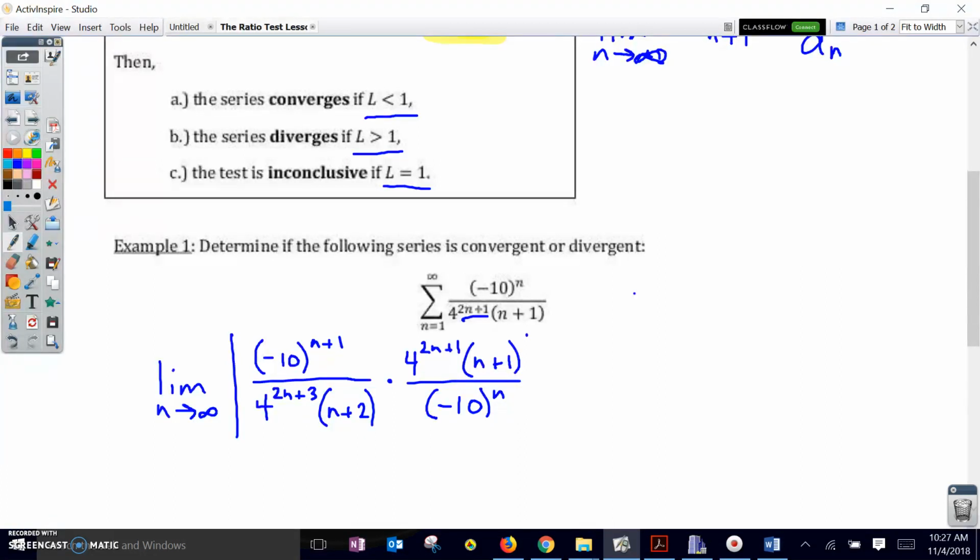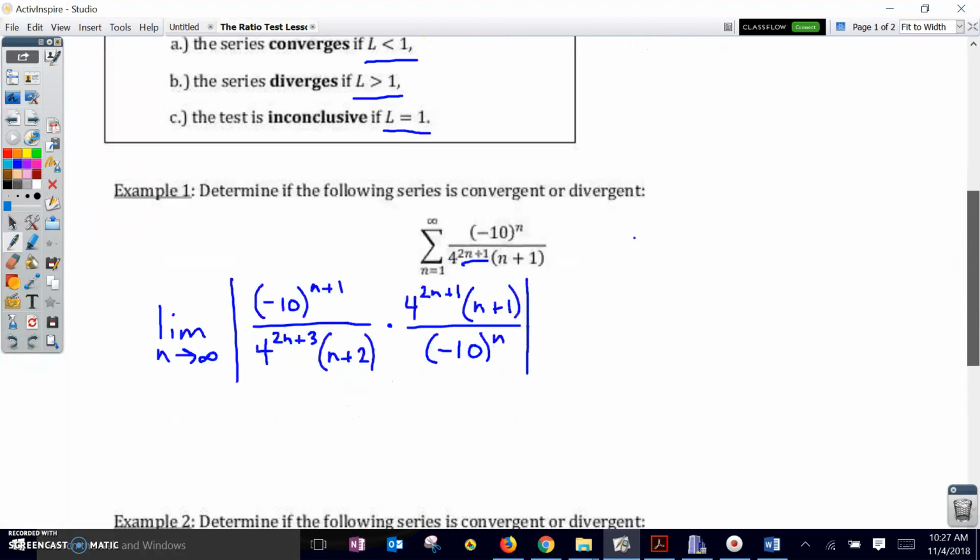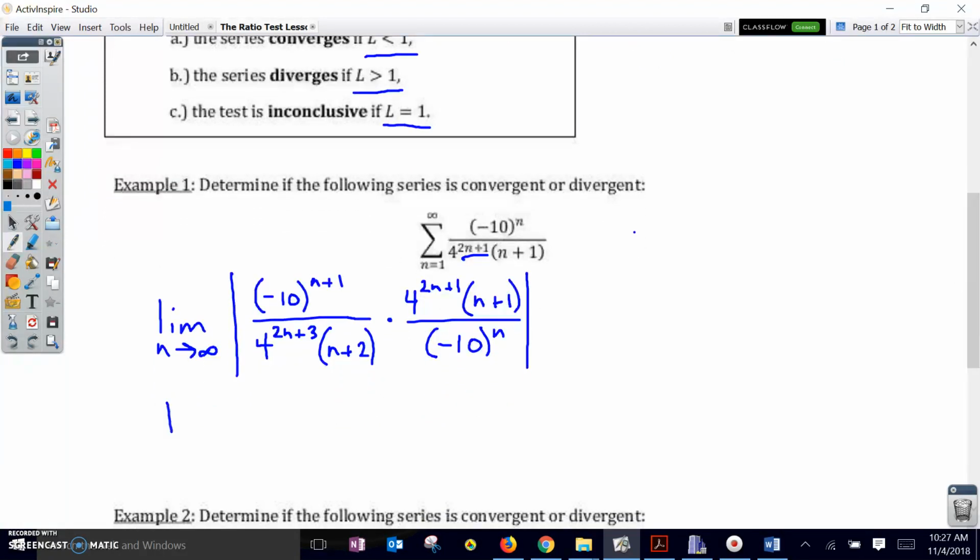And now I can simplify this a little bit. This turns into the limit as n goes to infinity of negative 10 over 4 squared times n plus 1 over n plus 2.